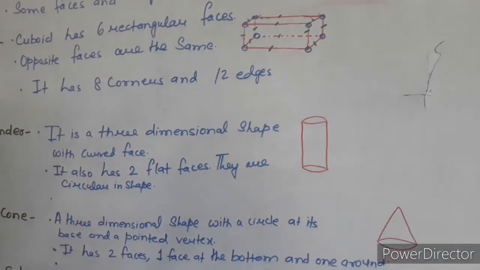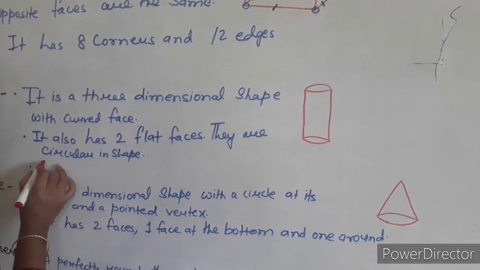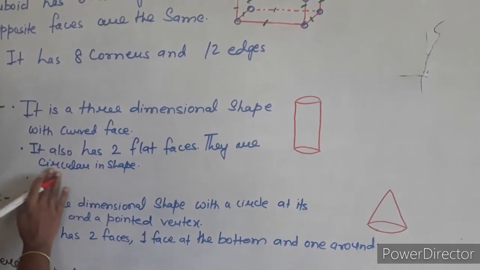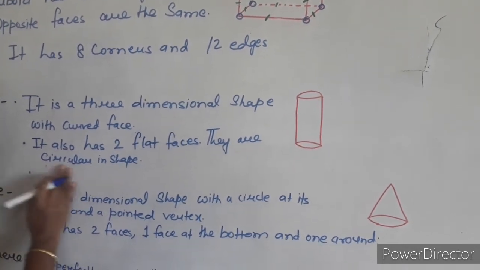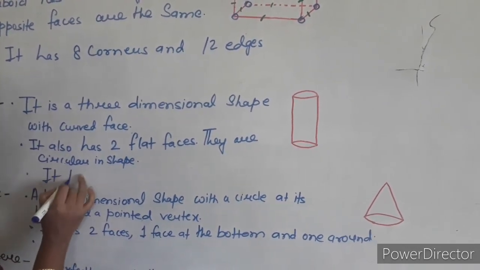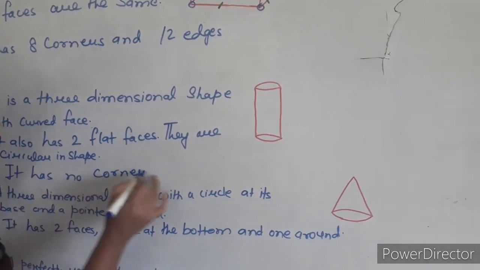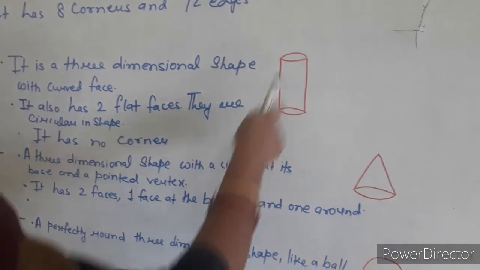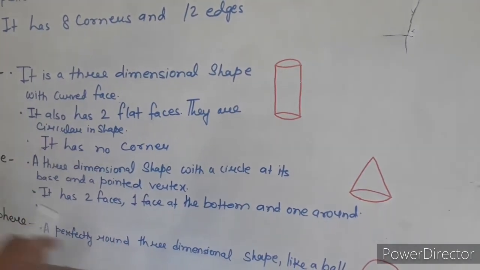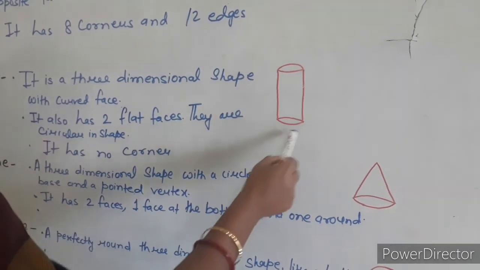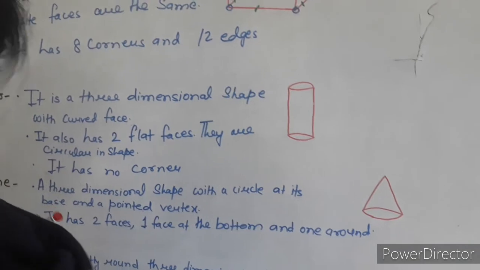The next point is it has no corner. As you know, a corner is where 2 lines meet, but here no 2 lines meet. So it has no corner.